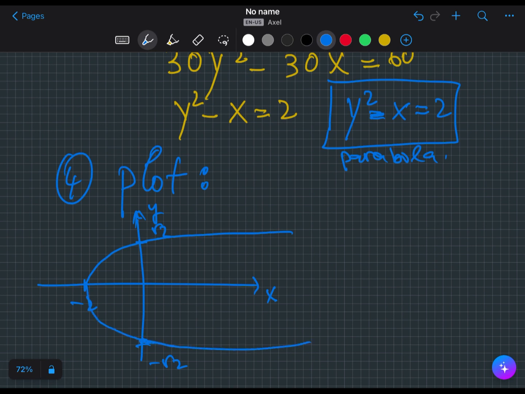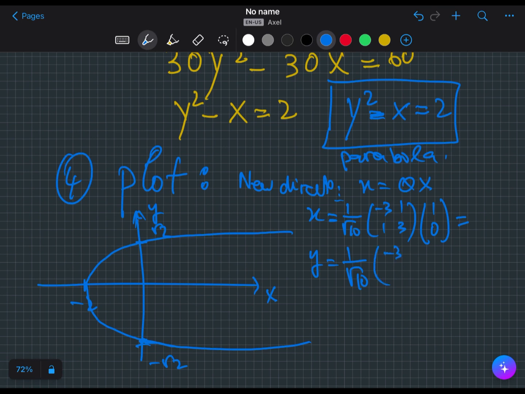Okay, now what are the new directions? Remember that we said that x equals Qx'. So if I want the new direction x', it will give me Q times the elementary vector (1, 0), and then the other one will be Q times (0, 1).